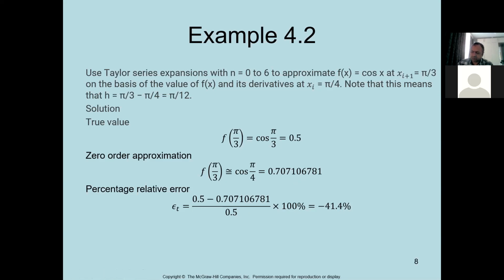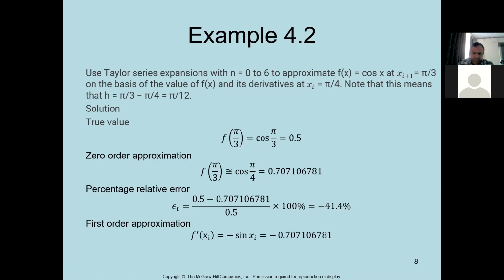Just for illustration, here I am using the percentage relative error. In the previous example I used the true error, but whether you use the true error or the percentage relative error, the idea is the same. The more standardized way is to use the percentage relative error, for comparison purposes.